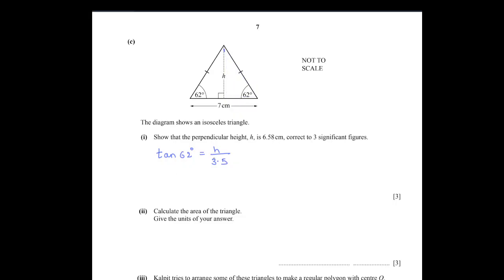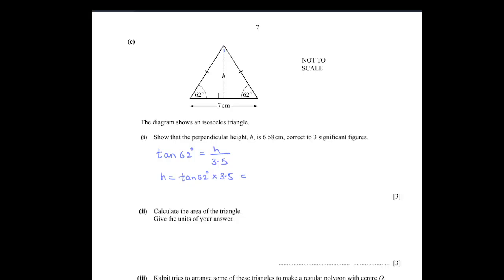Then by cross multiplication, h will be equal to tan 62 into 3.5. Find out the answer using the calculator. Tan 62 into 3.5 is equal to 6.582.